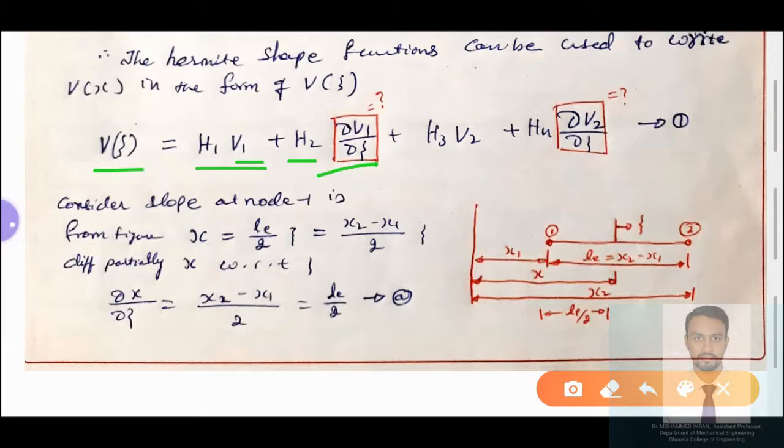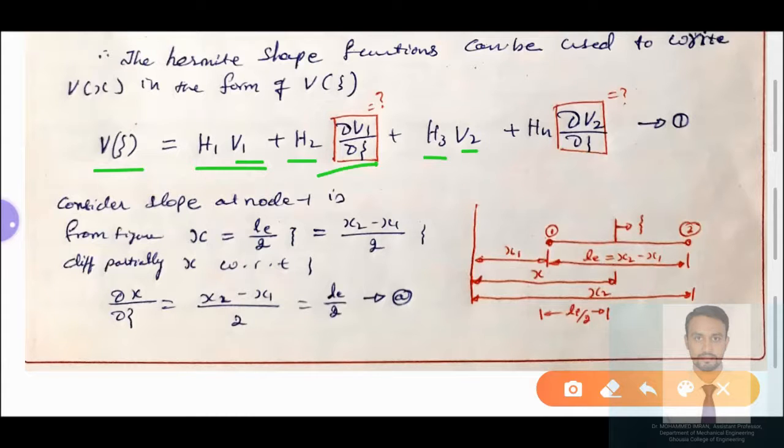Similarly, we have the next one at node number 2. Two characteristics are there. The displacement v2 in the transverse direction takes place at node number 2 due to the application of a load. The Hermite shape function has changed in the beam element, that is h3 is assumed.